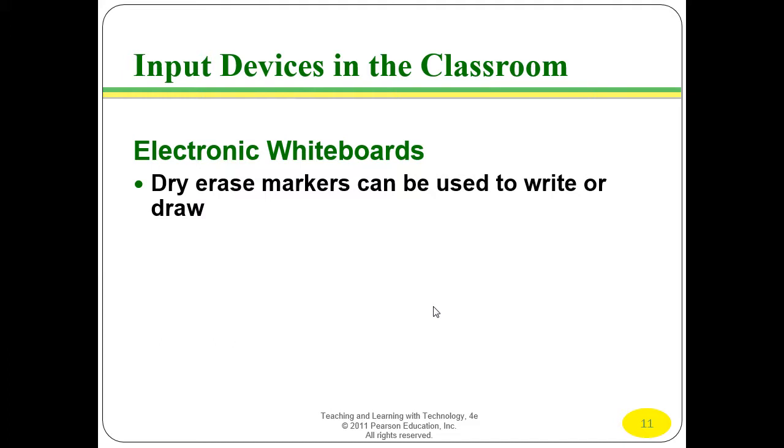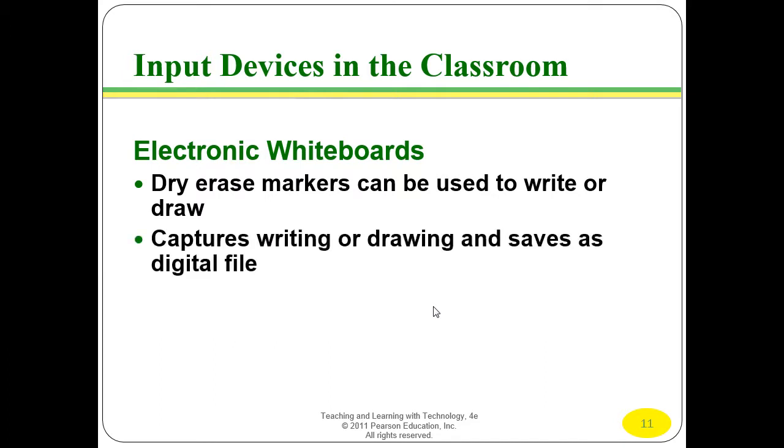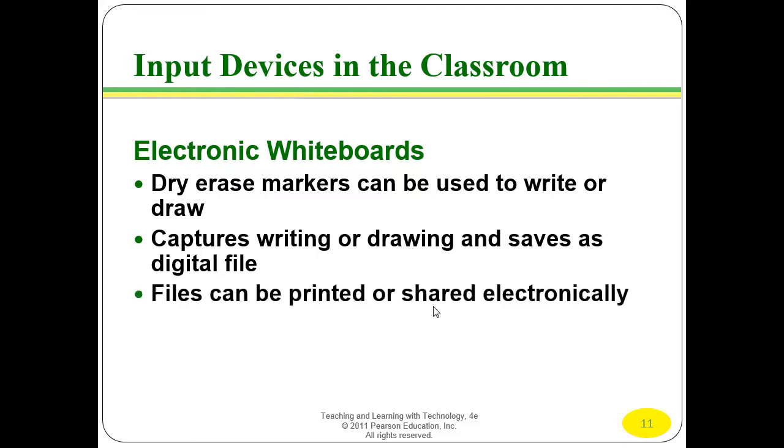Now, you can use your dry erase markers to write or draw on some of these, but for others, you don't. But it captures whatever you write up there, or annotate on there, or draw, and saves it as a digital file. So you can share those by either printing them or sharing them electronically.